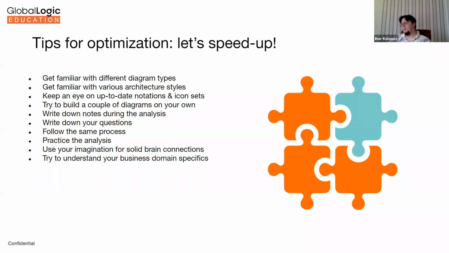You know, this type of input isn't so easy to follow, because for up-to-date knowledge, you should take a look from time to time at architecture centers of major cloud providers. Keep an eye on modern icon sets and such tools as Lucidchart or Visio. But if you are able to do this, it's useful and it will speed up your process.